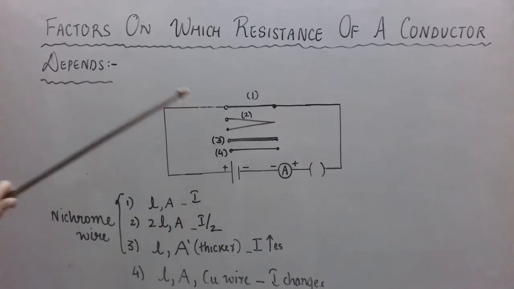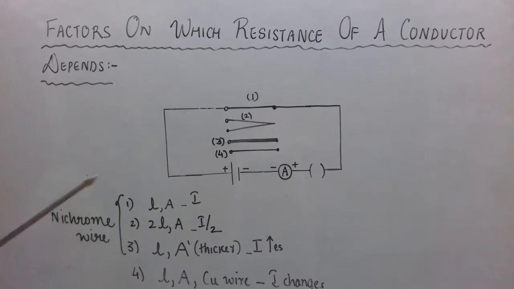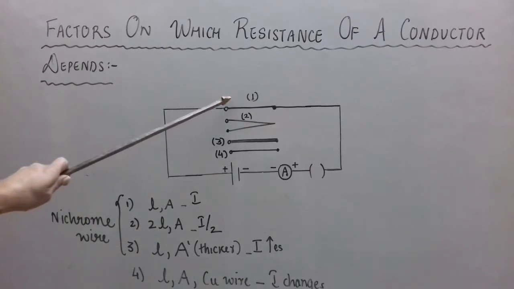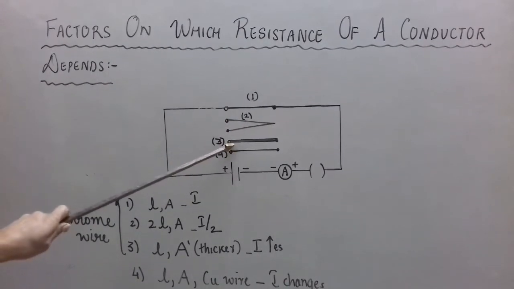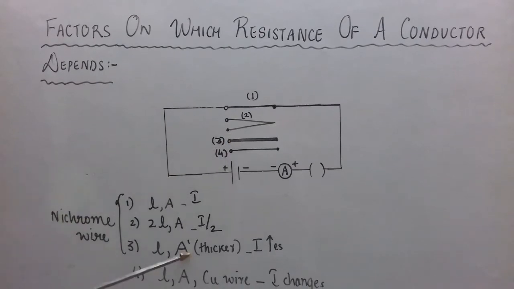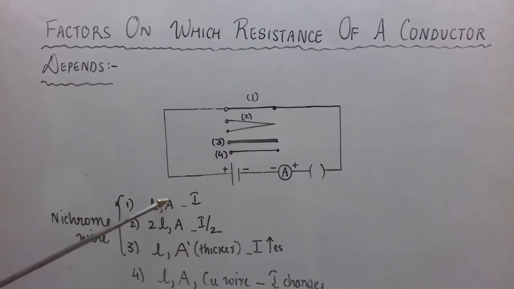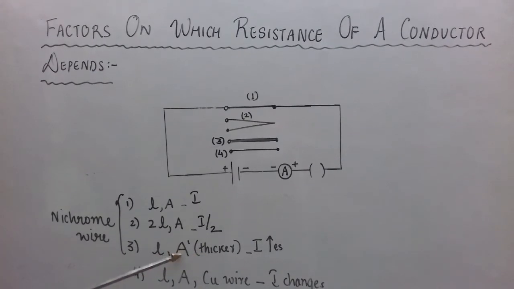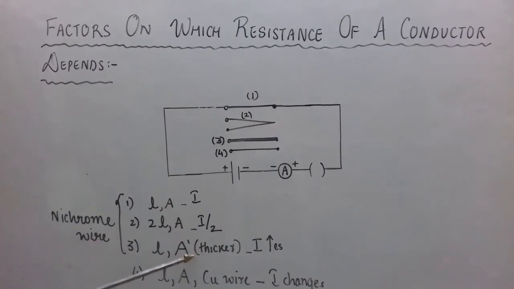Third wire is also of nichrome. Length is the same as the first wire but it is thicker. You can see it is thicker. So A dash is the area which is different from that of the first and second wire, and I have written that it is thicker. It means A dash is greater than A.